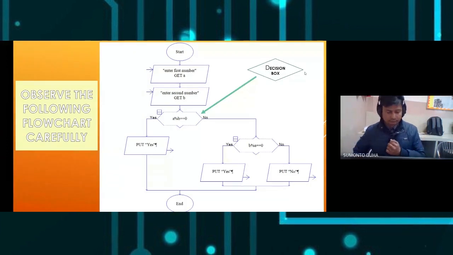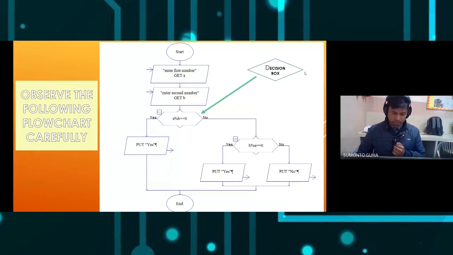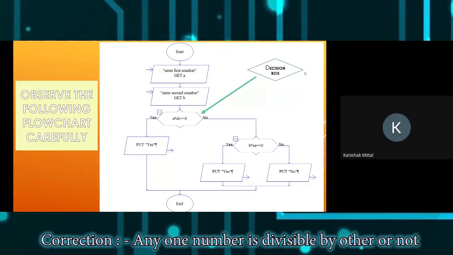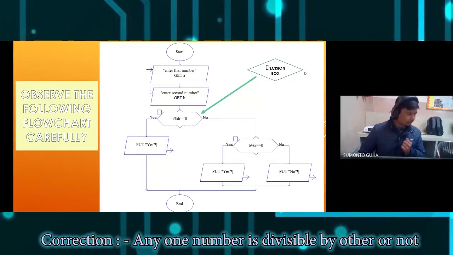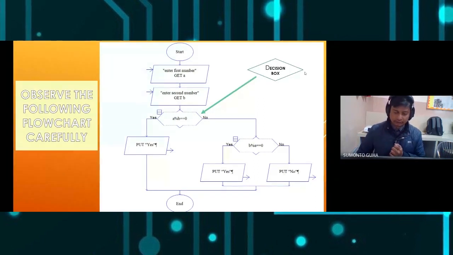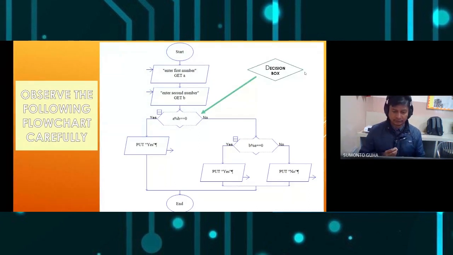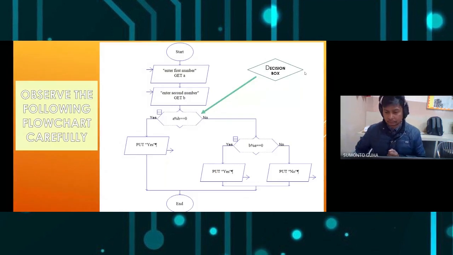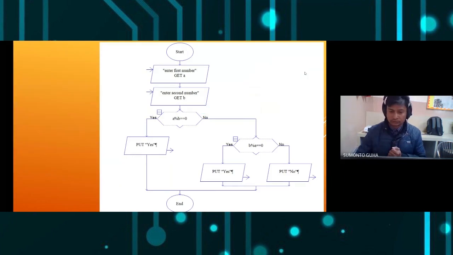In this flowchart, we are trying to check if both the numbers are divisible by each other or not. Abhyuday, you gave the right conclusion at the end, and Kanishak, yours is also correct, because finally the conclusion should be a one-line statement: whether any one number is dividing the other number or not. So it is better to say that we are inputting two numbers and checking whether any one number is a factor of the other or not.